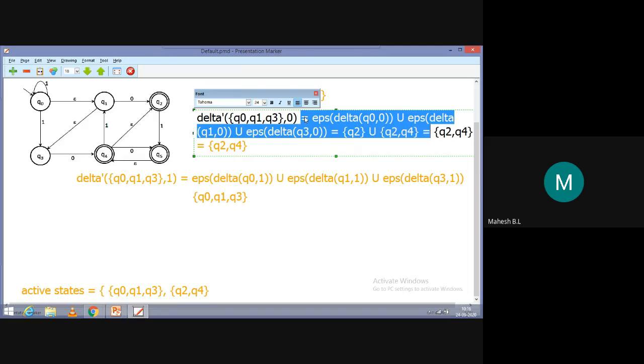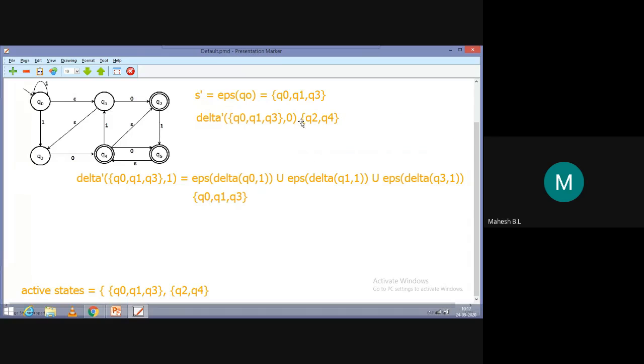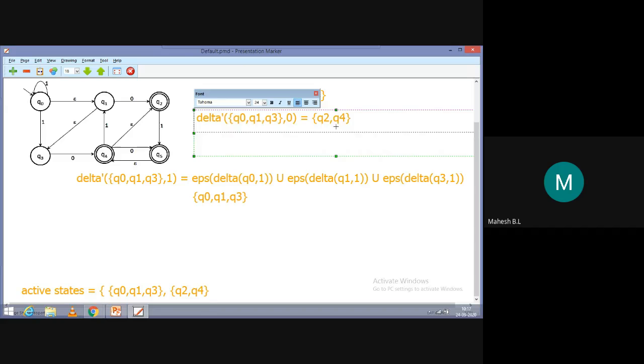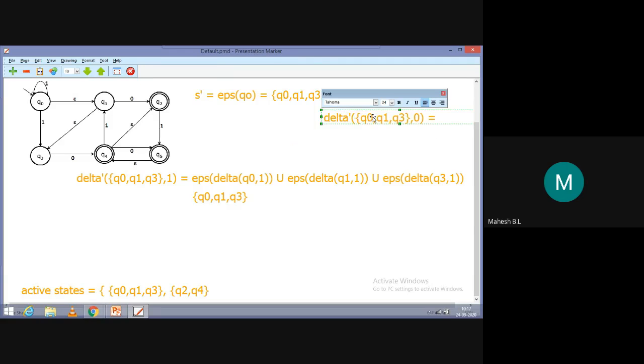So you know that delta dash of q0, q1, q3 on 0 is equal to this. I'm going to keep only that, and the rest I'm eliminating.